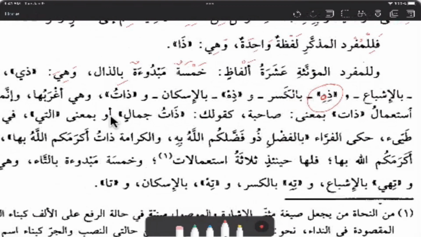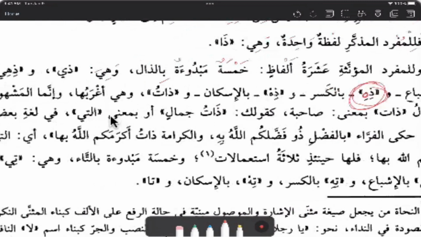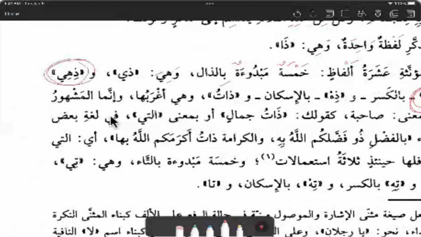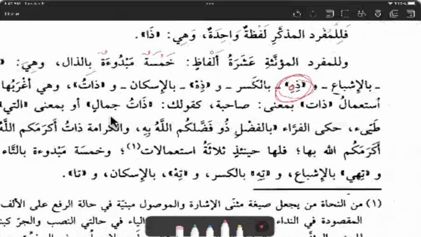So you can say dhihi, this one, and you can satiate that ha, you can fill it up, yani stretch out the vowel. That's the meaning of al-ishba'. You'll see other examples.